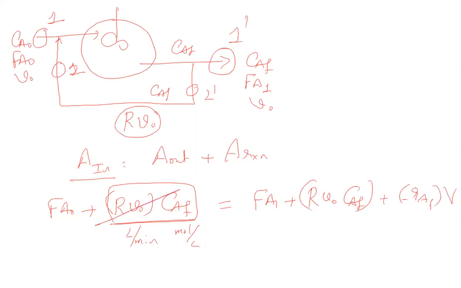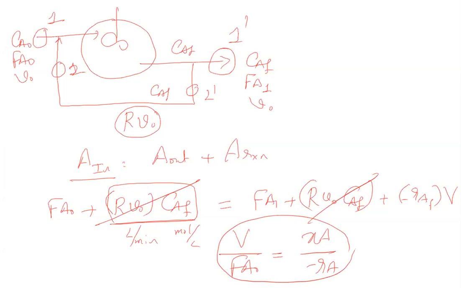So this and this will cancel. Do you see any effect on the performance equation because of the recycle? The performance equation, if you derive it, will remain the same: V by FA naught is equal to XA by minus RA. So recycle has no effect on your answer.